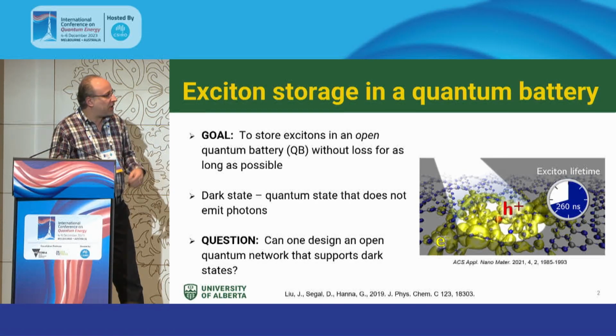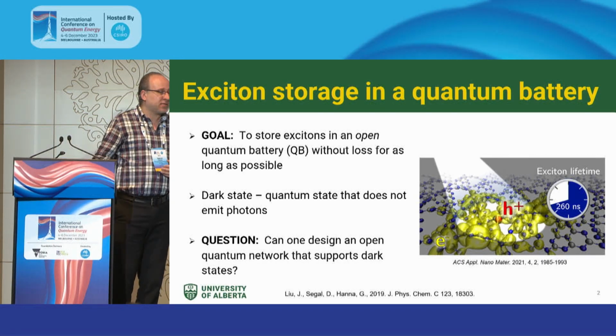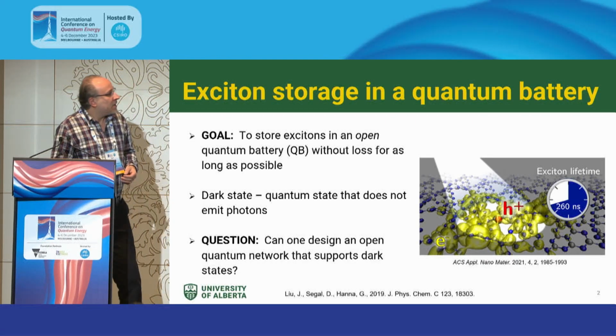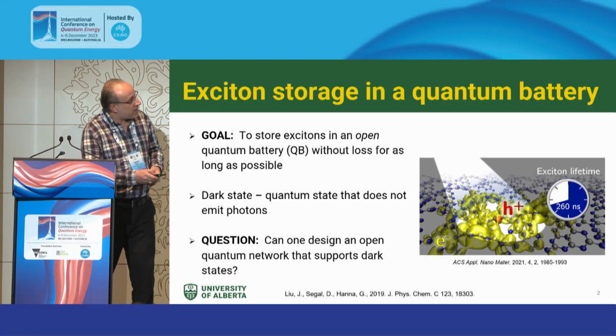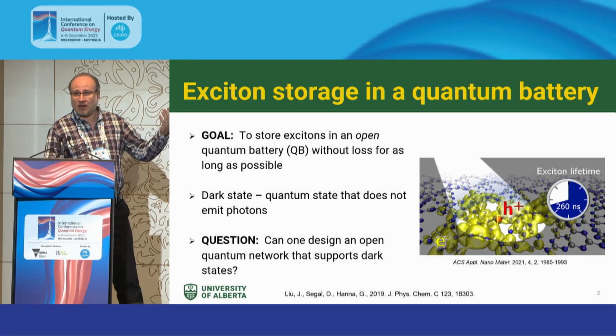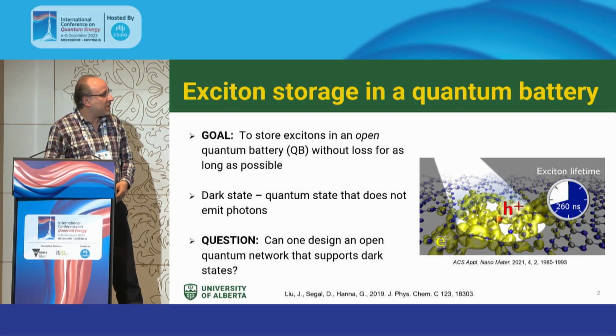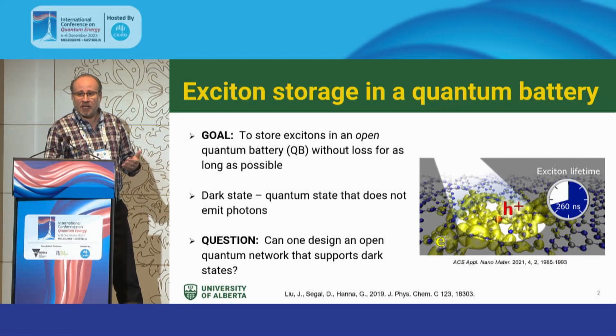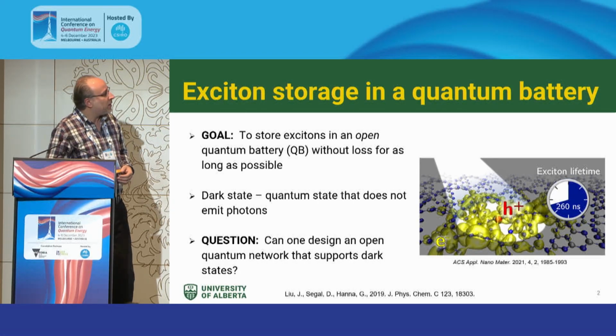So the main question that we're trying to answer here is, can one design an open quantum network that supports dark states? Okay. So on the right here, basically, the hope is to extend the exciton lifetime of the quantum battery, so to sort of reduce the losses via radiative and non-radiative pathways.